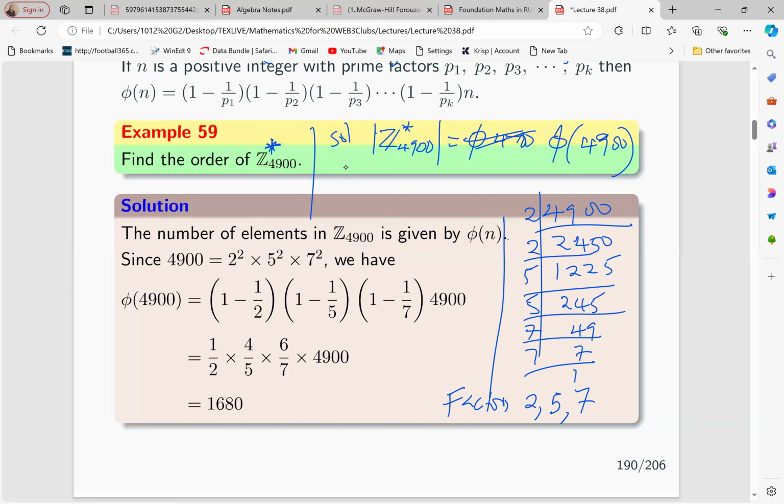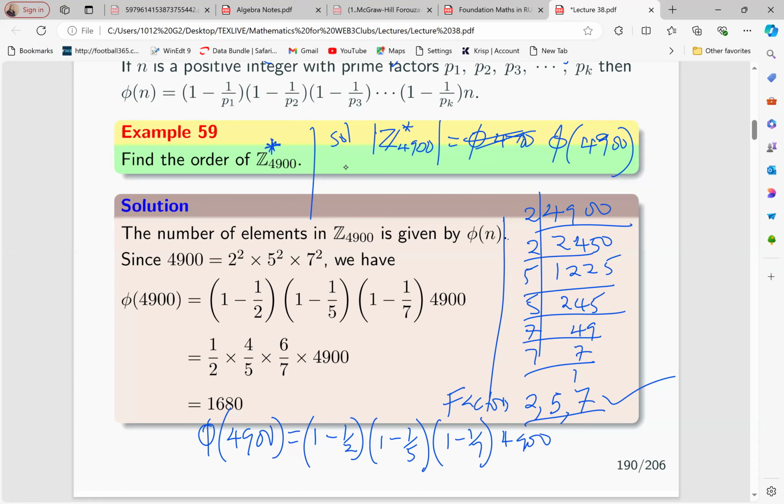So using our formula, the Euler phi of 4900 is the same as 1 minus a half, and you know where the 2 is coming from? It is coming from these factors. Then times 1 minus 1 out of 5, and times 1 minus 1 out of 7, again from these factors, then times the number that we are finding the Euler phi for.